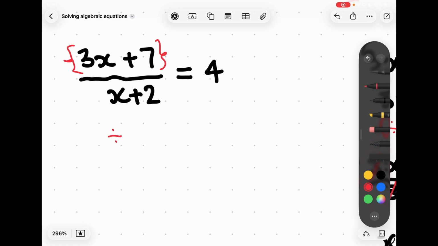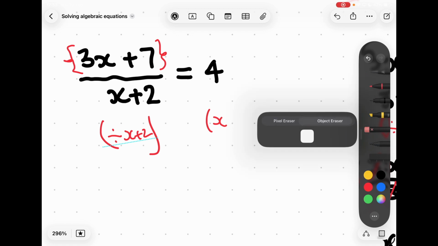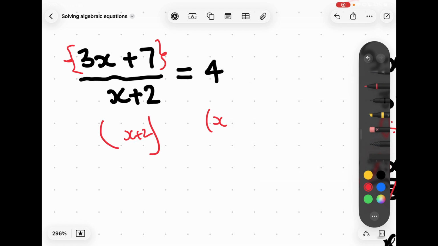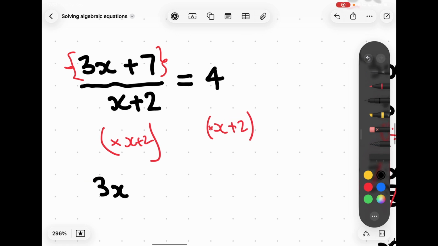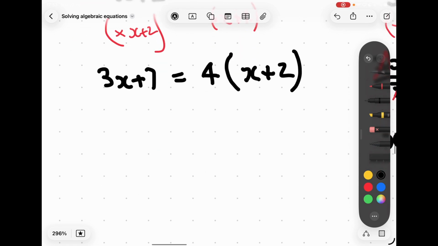So we're going to divide both sides by x plus 2. Sorry, times. So we're going to get 3x plus 7 is equal to 4 times (x plus 2). Just like that.